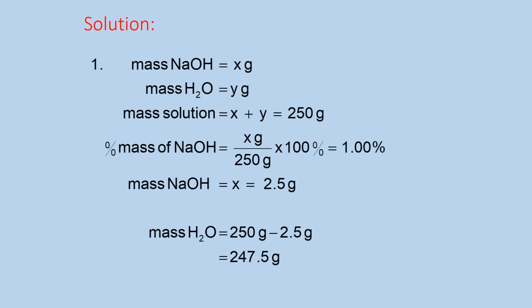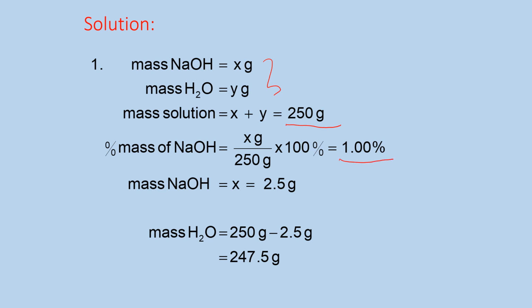For the solution, number 1, mass of NaOH, we assume it as X gram, and mass of H2O, we assume it as Y gram. So mass of solution is equal to X plus Y, which is 250 gram from the question. So the percentage of NaOH is equal to X divided by 250 gram times 100%, equal to 1% from the question also.